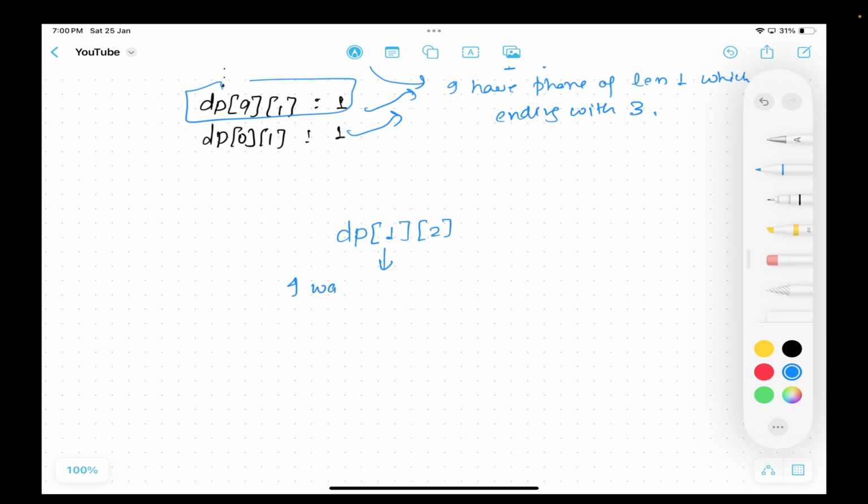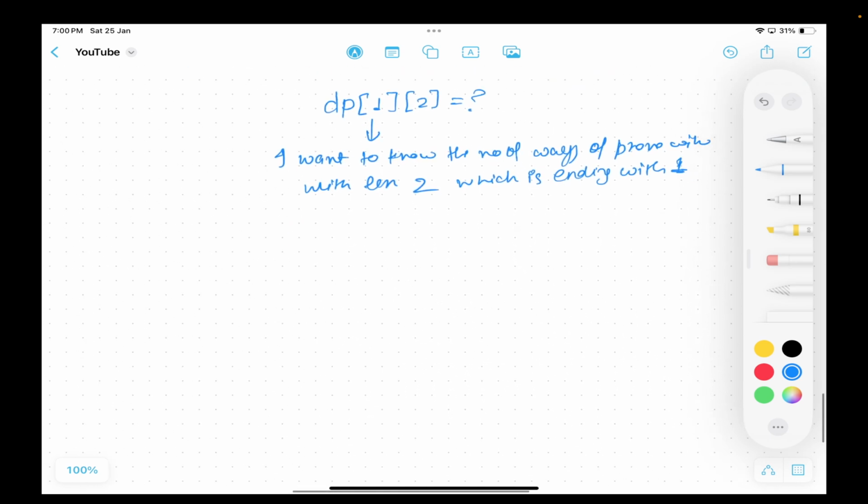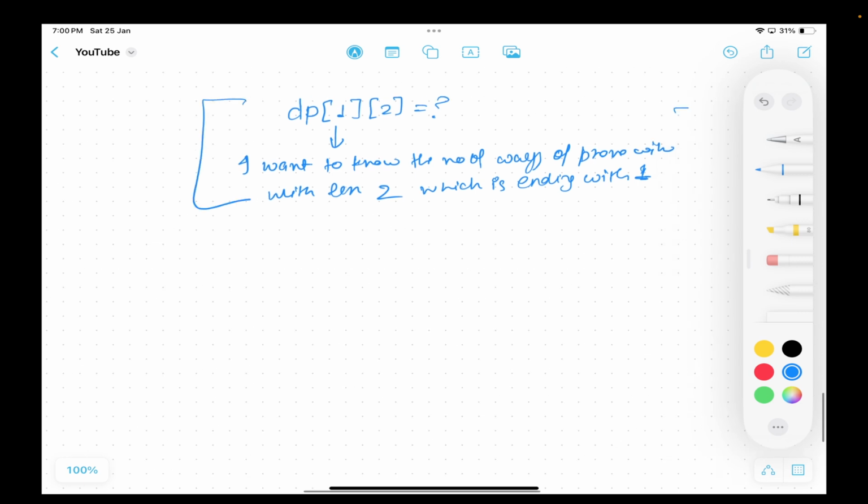It means I want to store the number of ways of phone numbers with length 2 which are ending with 1.